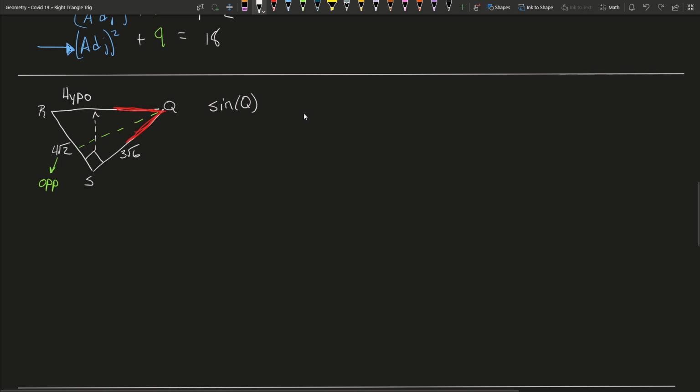And then the other side just has to be the adjacent. And we know that sine is always going to be opposite over hypotenuse.